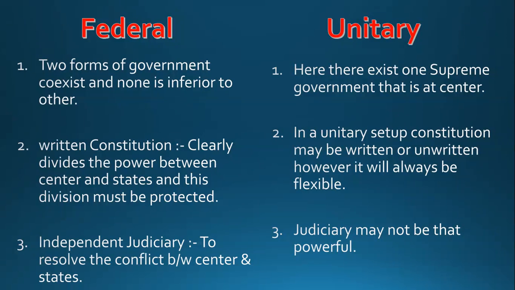That these are the powers of the central government and these are the powers of the state government. This is the list of subjects on which the central legislature is authorized to make law, and this is the list of subjects on which the legislatures of states are authorized to make law.